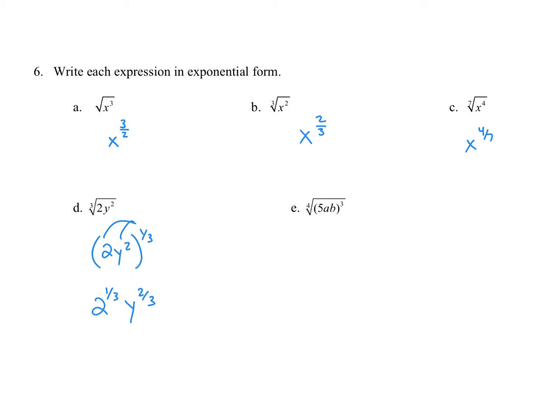And in part E, this would be 5ab. Since the whole thing is inside those parentheses, I can write that to the 3/4 power. I could also write this as 5 to the 3/4, a to the 3/4, b to the 3/4.